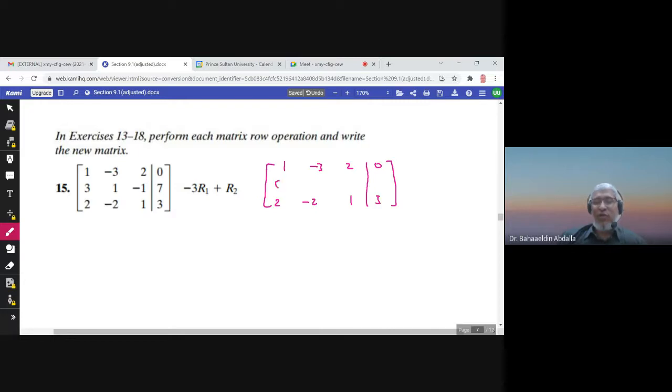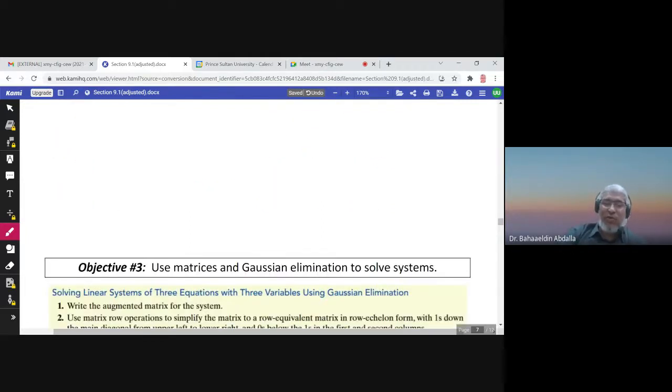That would give you 0. Negative 3 times negative 3, that's 9, plus 1, that's 10. Negative 3 times 2, that's negative 6, plus negative 1, that's negative 7. Negative 3 times 0, that's 0, plus 7, that's 7. So this is how we do this operation. Please use the calculator if you are allowed to.